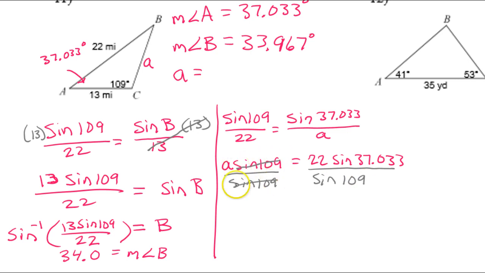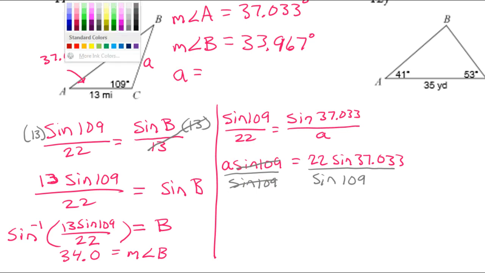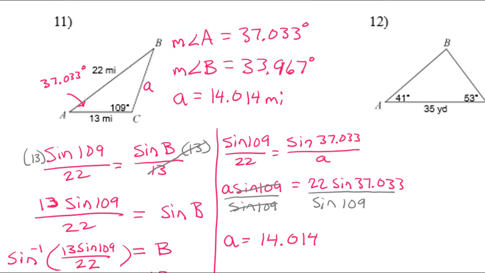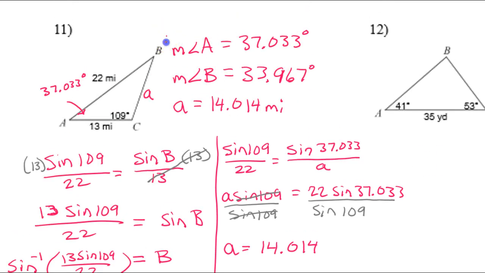So these will cancel each other out, and that will just leave me with A. So I'm just going to put all of this in my calculator, and I'm going to do that off camera. So this is going to give me 14.2014. And these are miles. So that would be the answer to problem number 11.